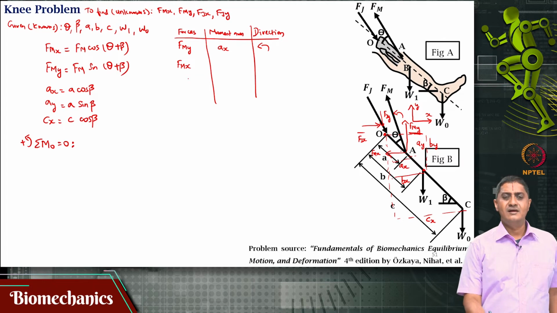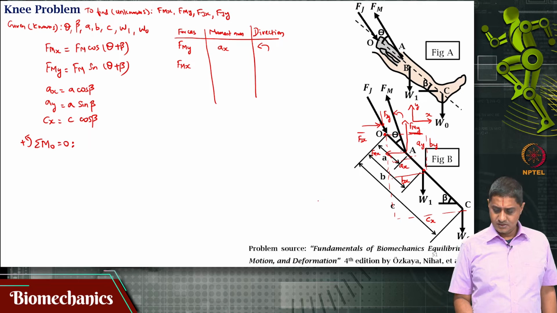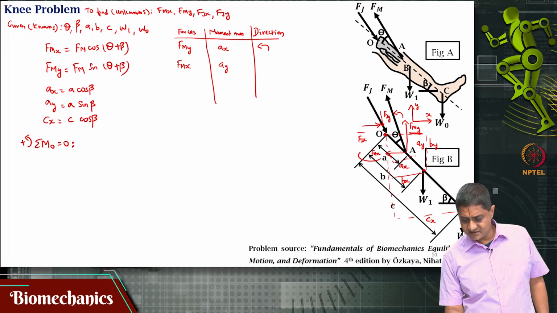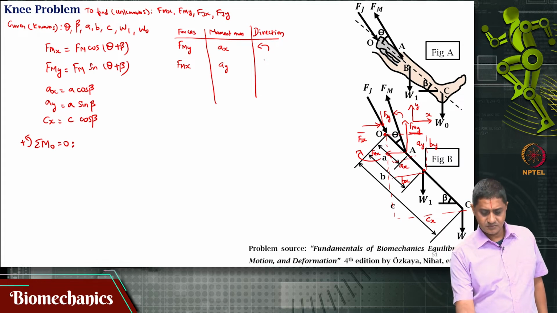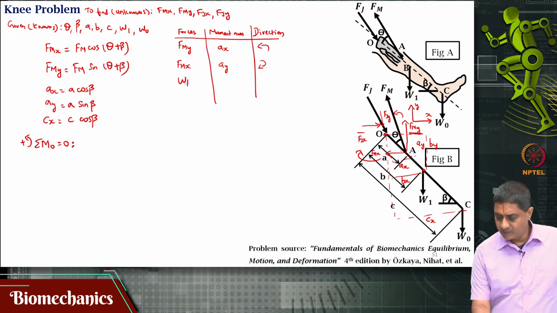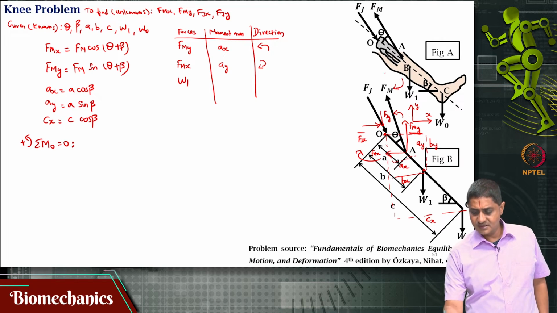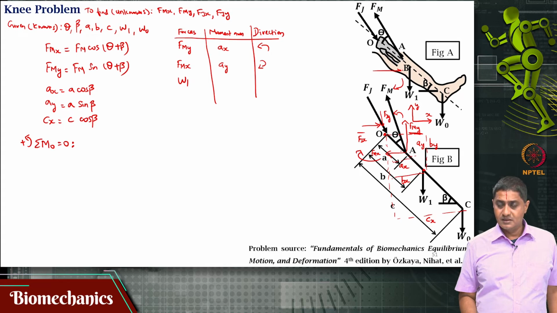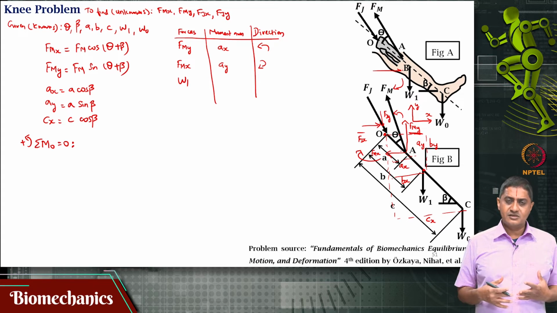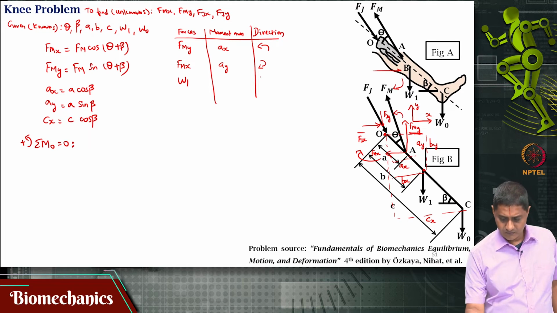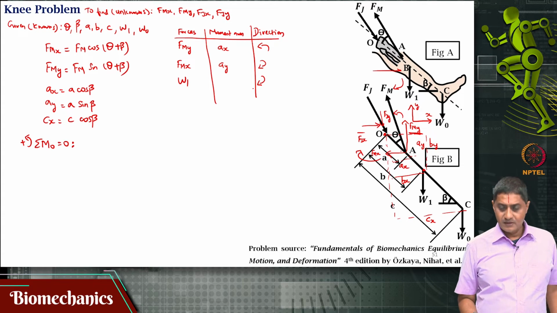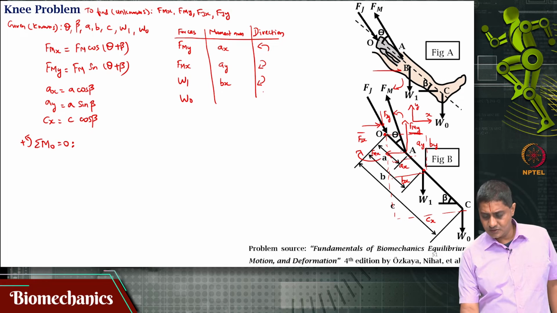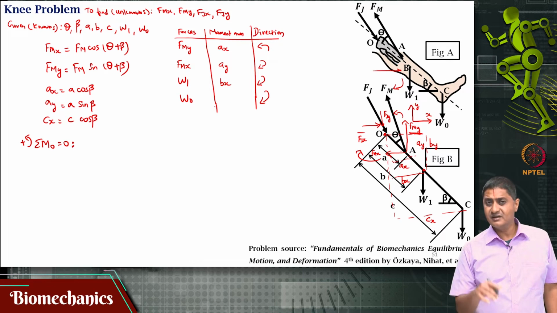Fmx can cause a moment and its moment arm is Ay, that has a tendency to cause a clockwise moment. W1 can cause a moment in the clockwise direction. Its moment arm is Bx. W0 can also cause a moment and its direction is in the clockwise direction.